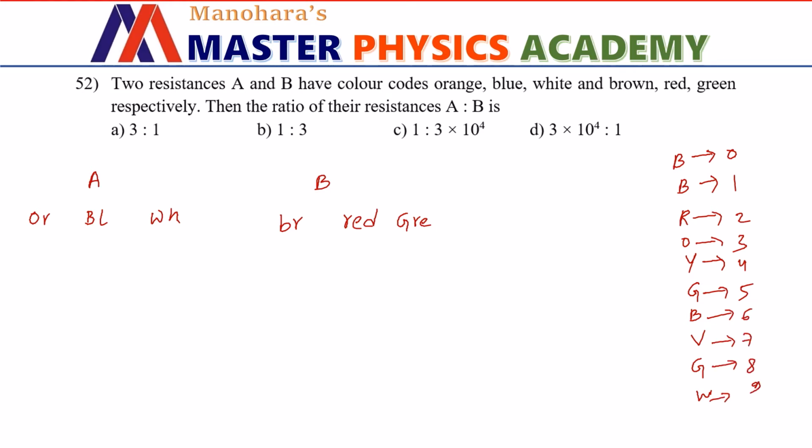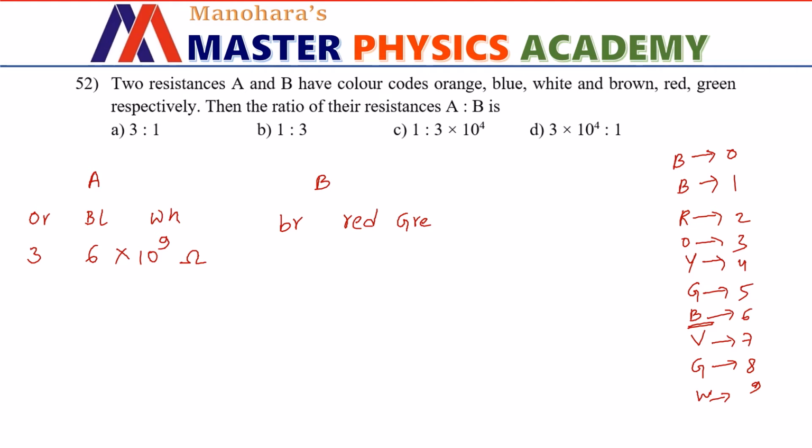So orange means it is going to be 3. Blue is 6. White is the final color in the sequence, that is 9. So that means 36 into 10 to the power 9 ohm is the resistance of A.